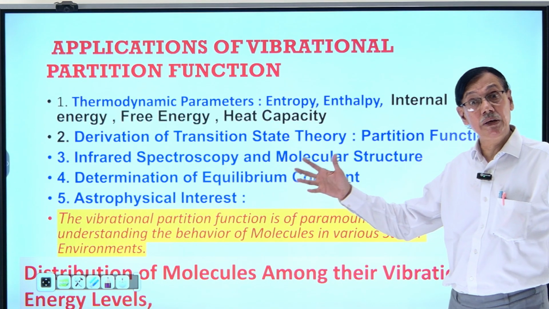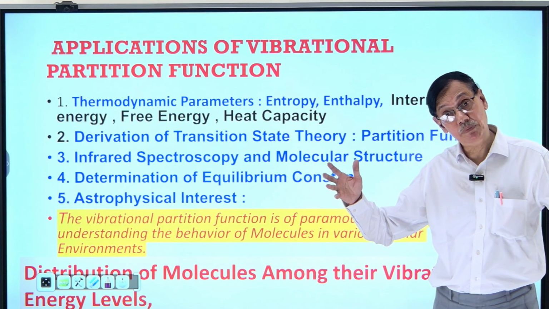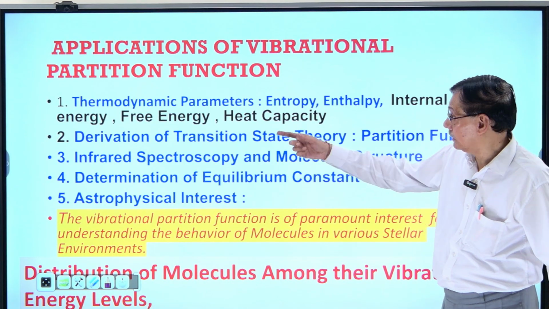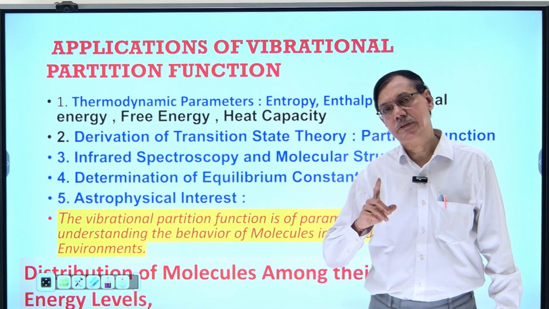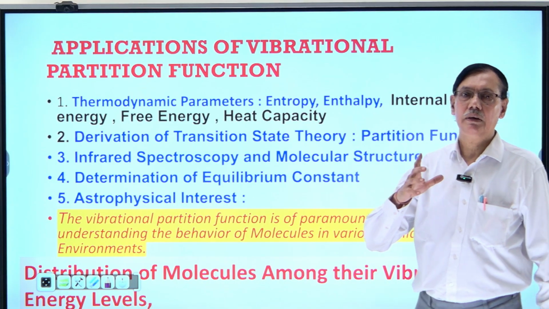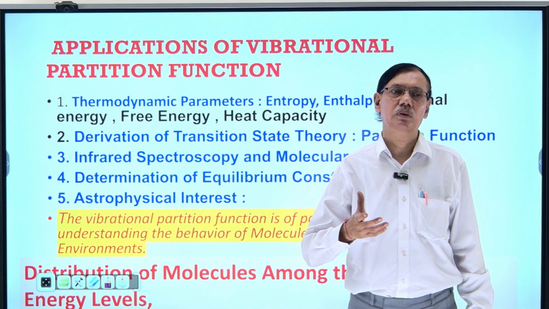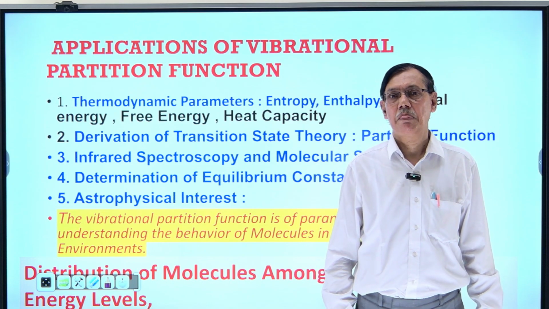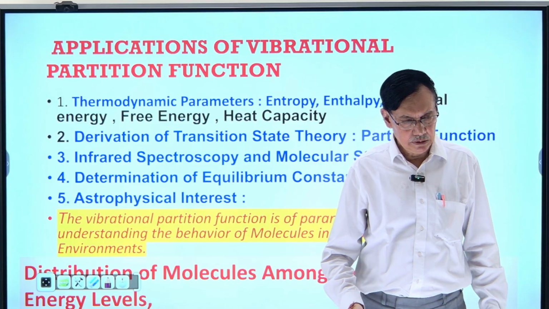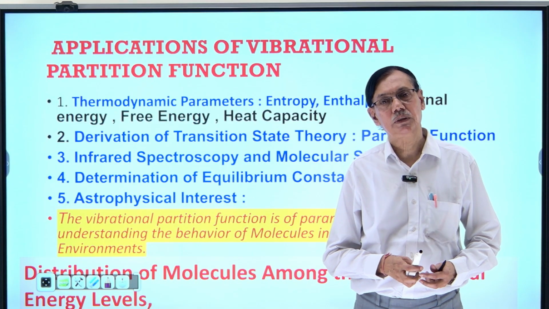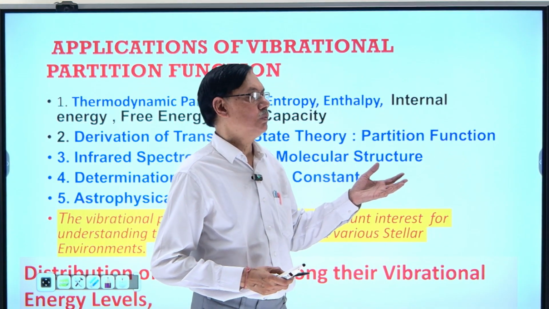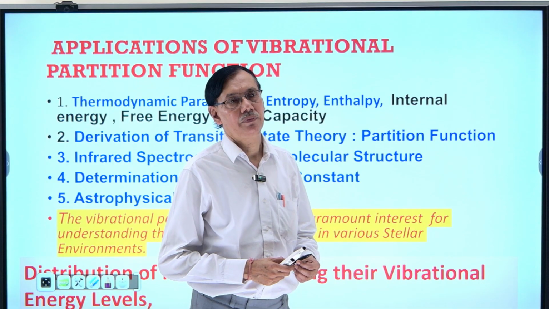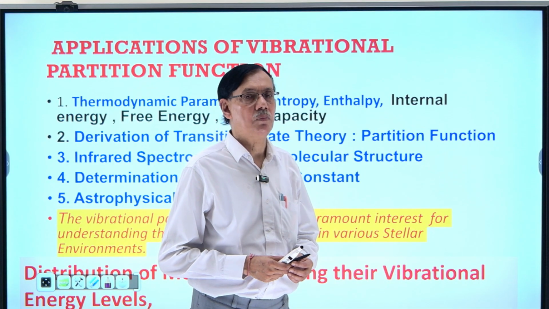And that is another big chapter, the application of partition function for the determination of equilibrium constant. But one point I must emphasize here, that you have already studied the transition state theory in M.Sc first semester, and when I teach the transition state theory or absolute reaction rate theory, I use the derivation of the Eyring equation, and you remember the role of partition function there.